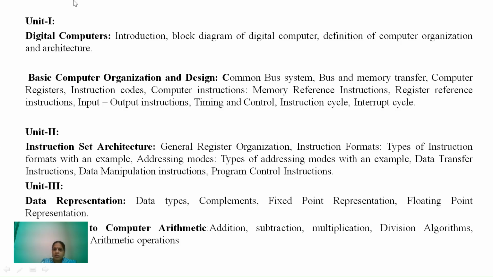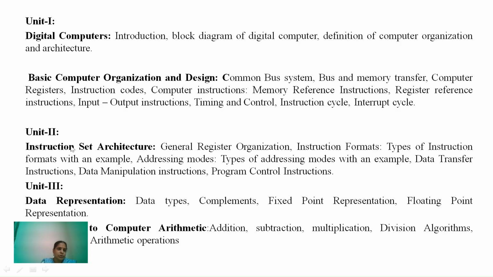Here, we're going to talk about the common bus system, bus and memory transfer, and the different types of registers present in a computer. We'll also see instruction codes, and different types of computer instructions. There are three types: the memory reference instructions, register reference instructions, and input output instructions. Next, we move on to timing and control unit, control of a computer, and instruction cycle and interrupt cycle.